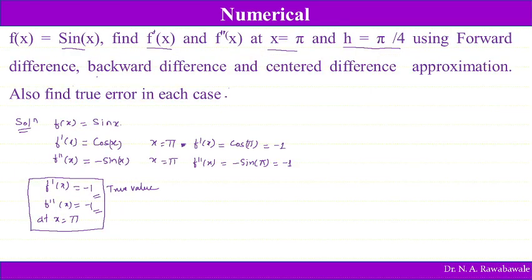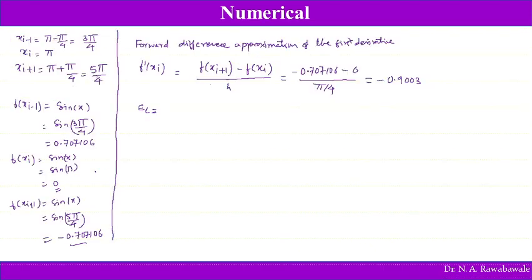So the first derivative true value is -1, but by this numerical method we obtained it as -0.9003. So true value is -1 minus of -0.9003 divided by true value -1, into 100.